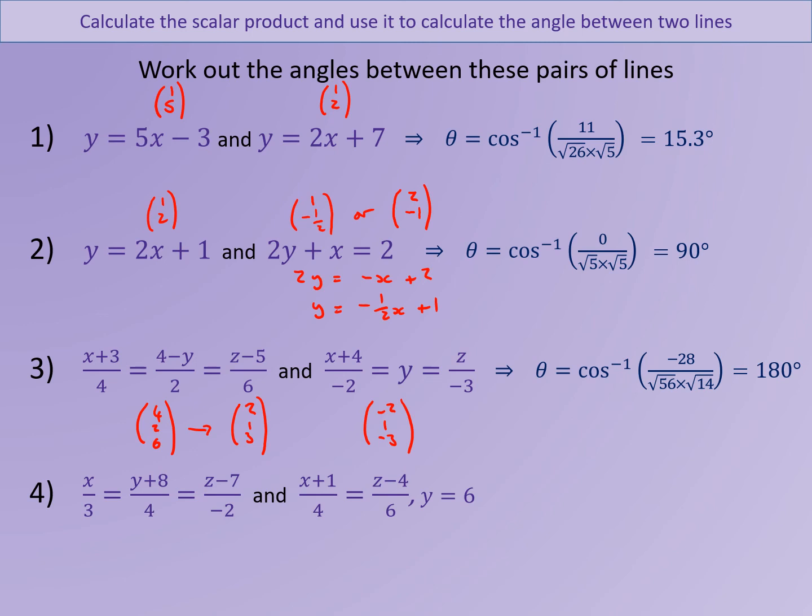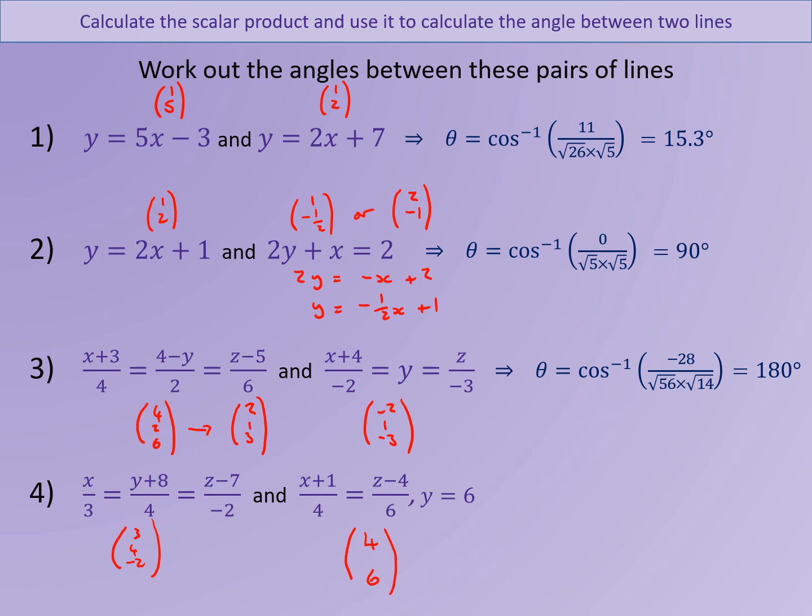Finally, for the fourth pair, we can see the first line has a direction of 3, 4, -2 by reading the denominators of each fraction. And for the second one, we can see that the x component of the direction vector is 4. The z component is 6.